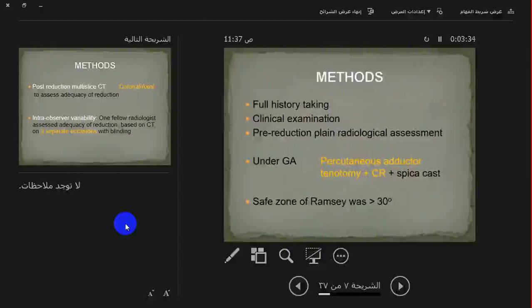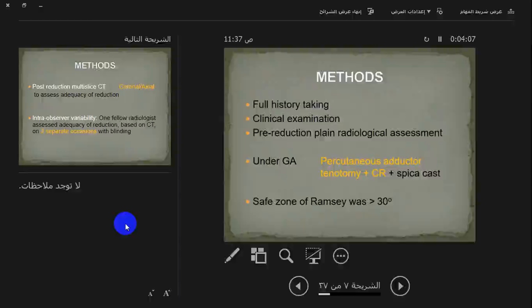All children and infants were exposed to the same sort of full history taking, clinical examination, pre-reduction plain radiological assessment, and under GA, percutaneous adductor tenotomy and close reduction and application of hip spiker cast was done in the human position, where the hips were flexed 90 or 100 degrees with 45 or 50 degrees of abduction.